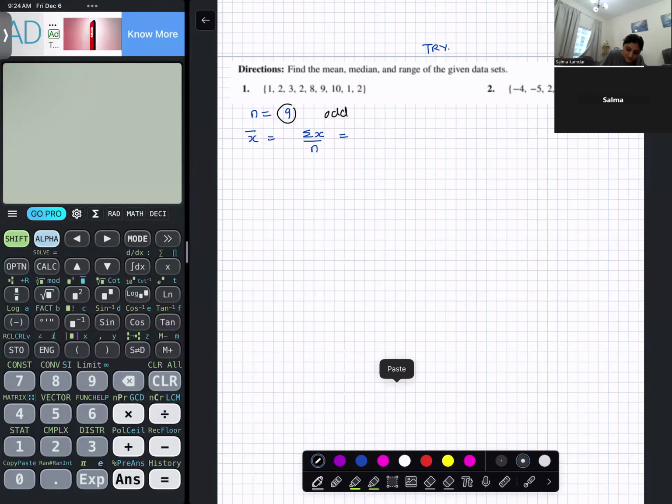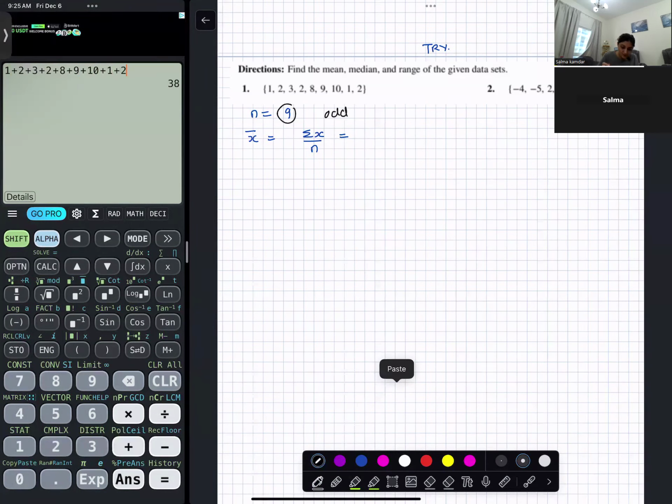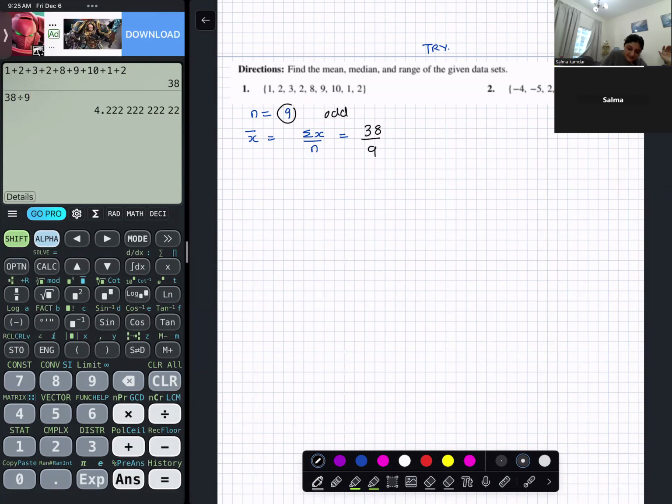Do the sum of all observations: 1 plus 2 plus 3 plus 2 plus 8 plus 9 plus 10 plus 1 plus 2. So the sum of all observations is 38. Number of observations is 9. So I would do 38 divided by 9. So my mean is 4.22.